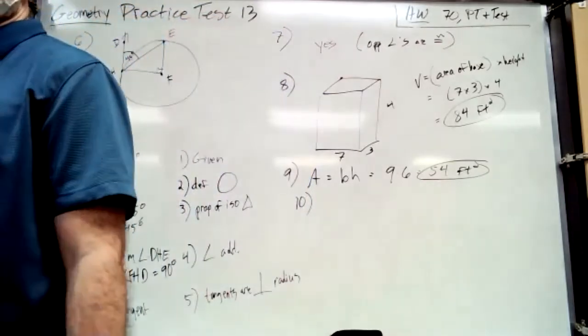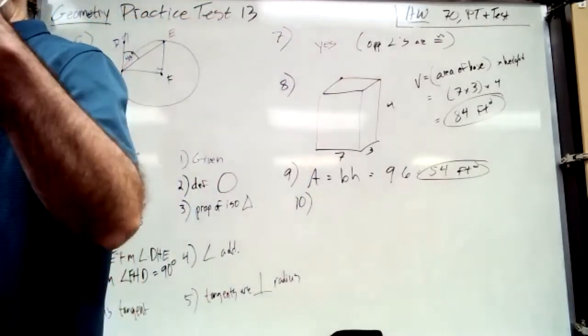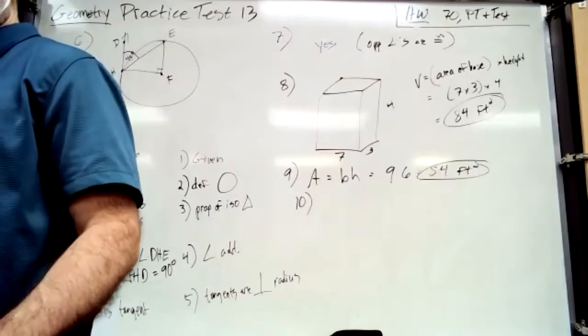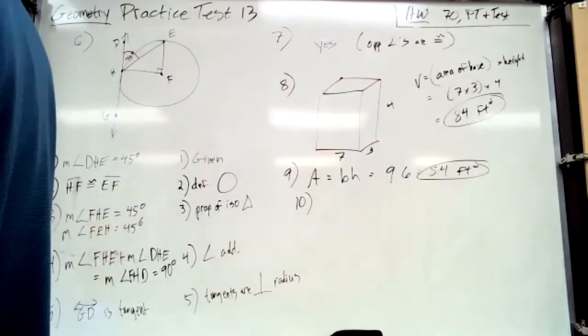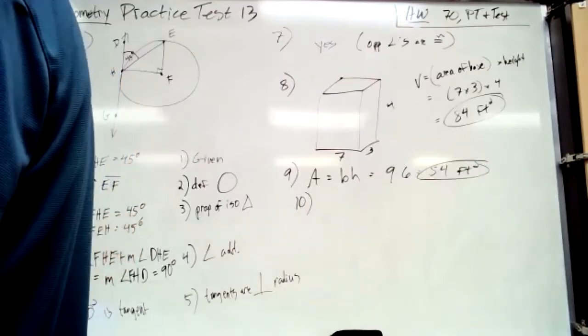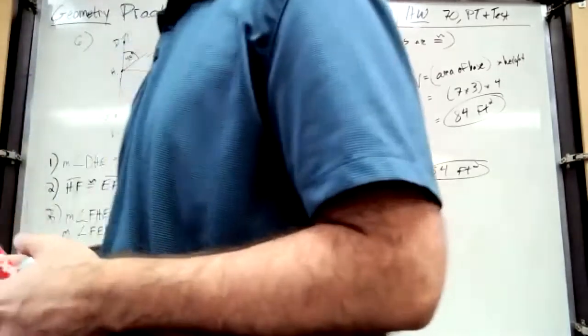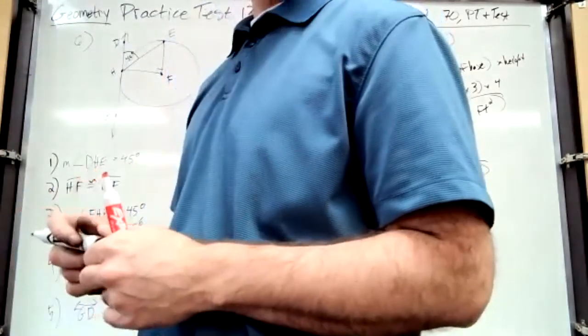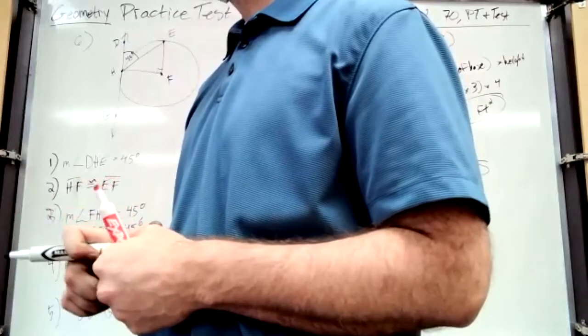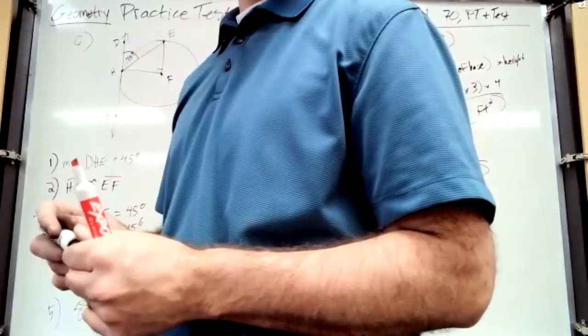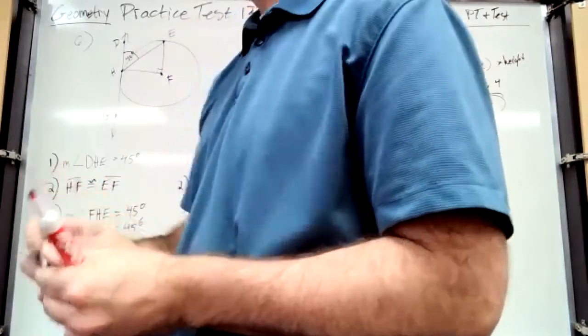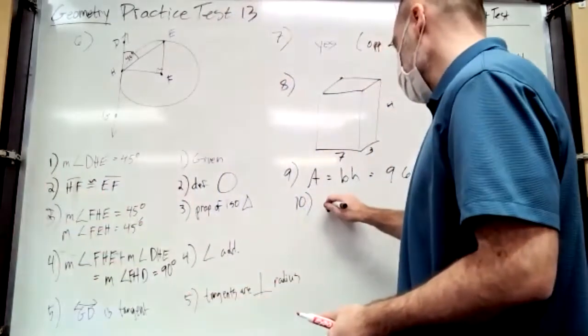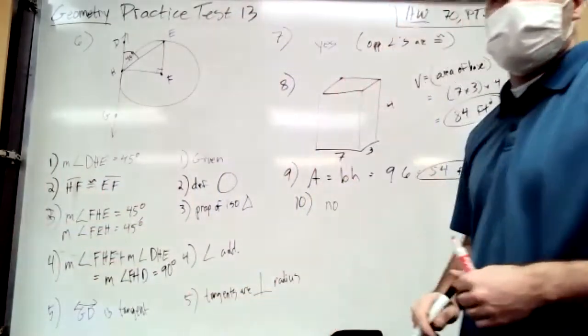Okay, so if it's a rhombus, then the consecutive sides have to be the same, right? So does 5x minus 8 equal 28? Well, plug in 7 for x, and you get 35 minus 8, which is 27. It's not 28. So no, because, now this time when it says explain, you have to say why.